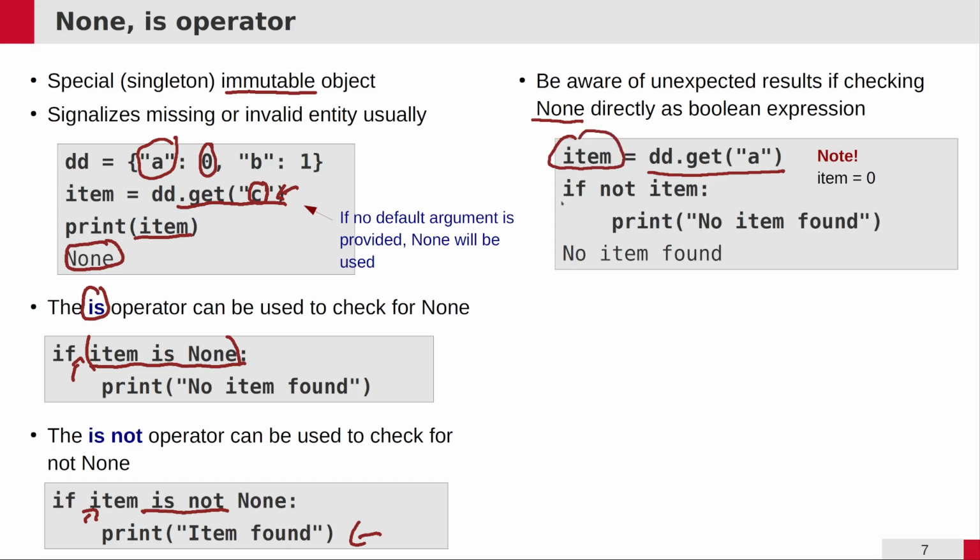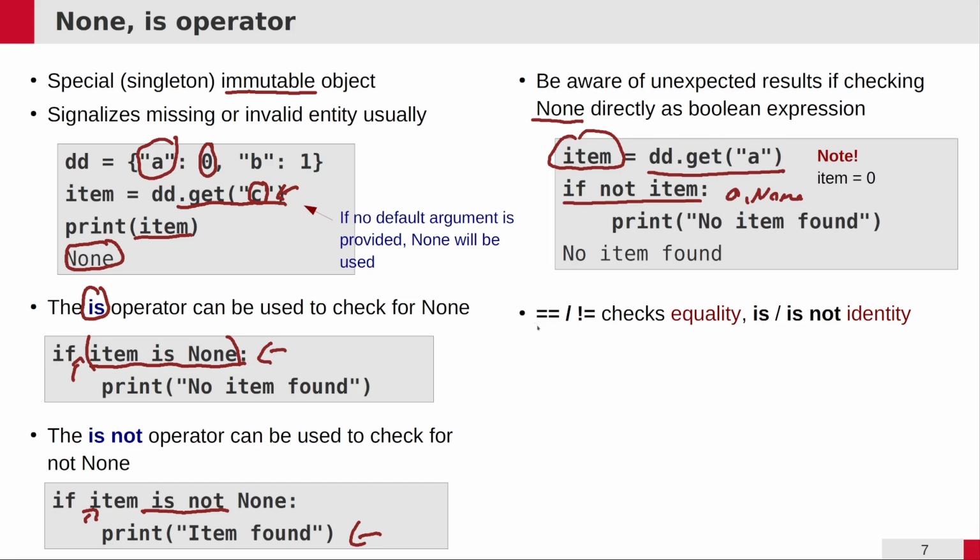And now if you just write if not item and do something, then you will not know whether this not item is fulfilled because you get back None or because you get back 0, because both 0 and None evaluate to False. So you cannot distinguish between whether you got the default value None or the number 0. Therefore, whenever you want to check whether something is None or not None, please use the is and is not operators.